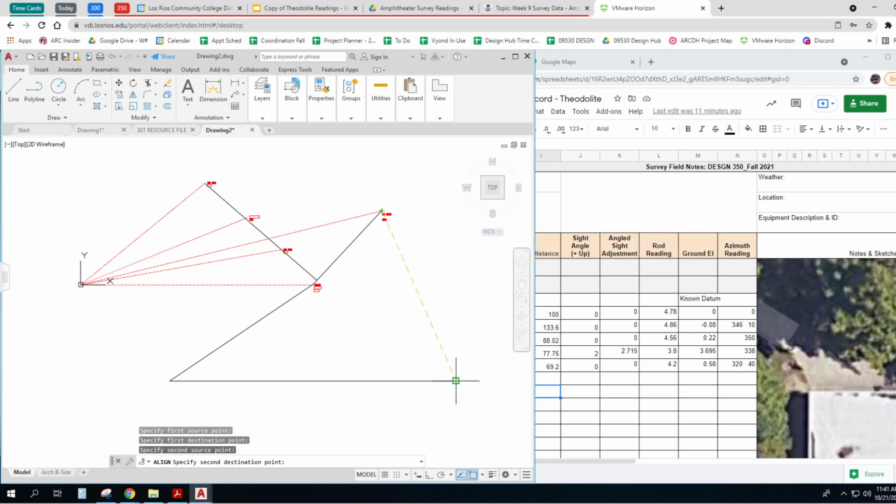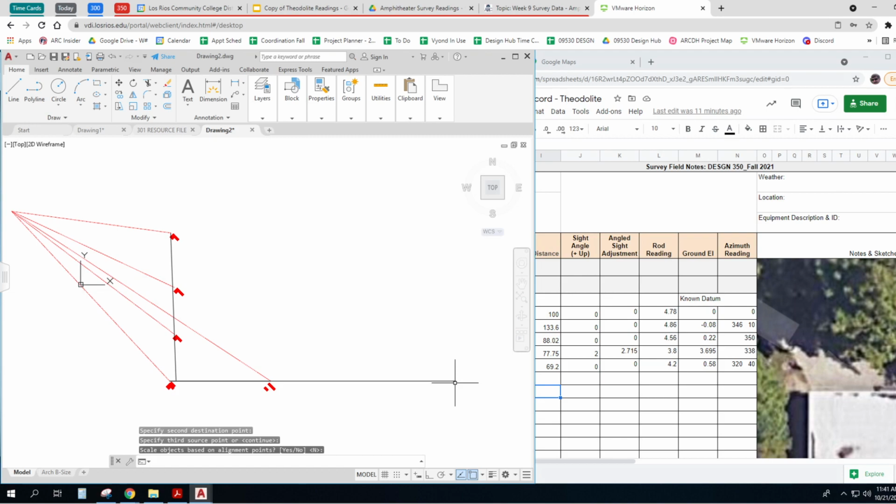Remember how last time we aligned to north-south? Yes, I remember that. Oh, you can see how that line over for the building is east-west, and I moved straight out from it. That's neat.